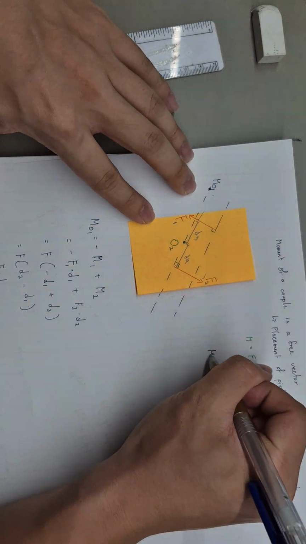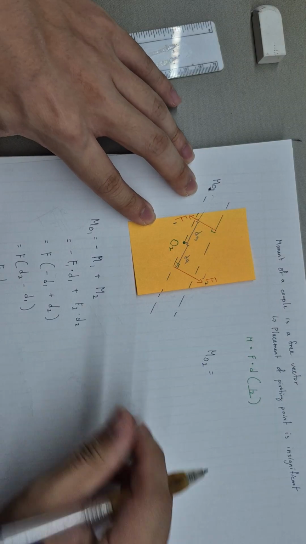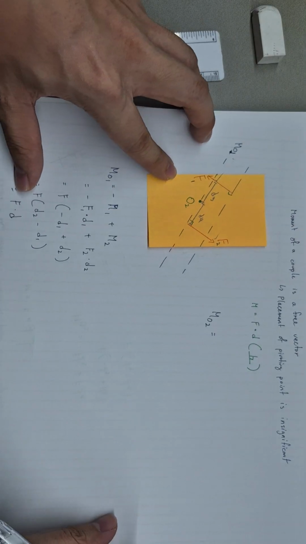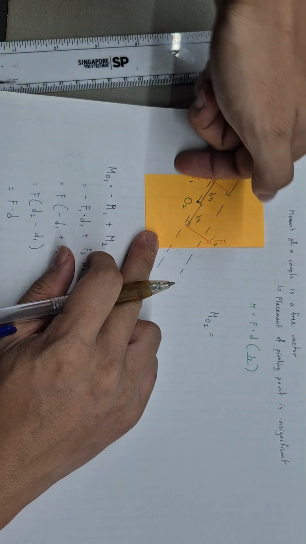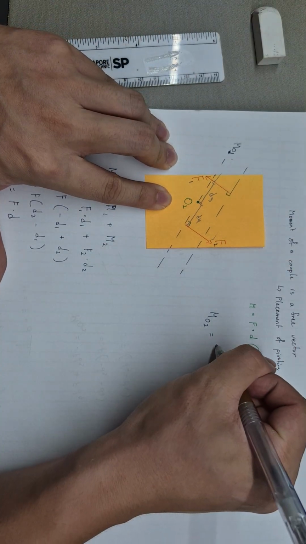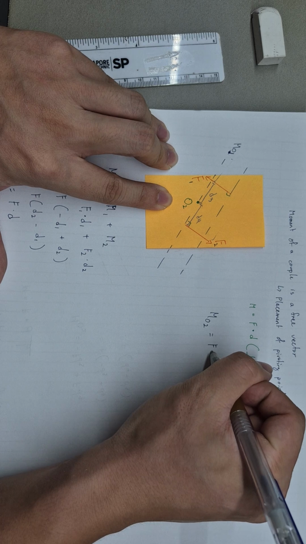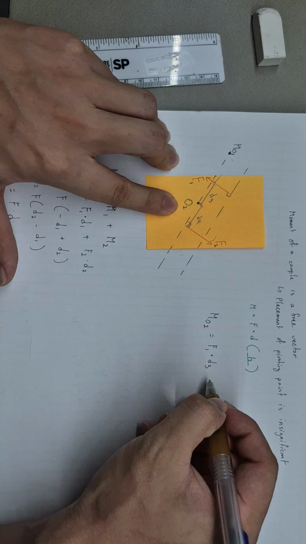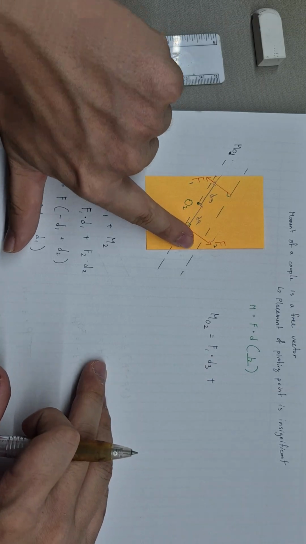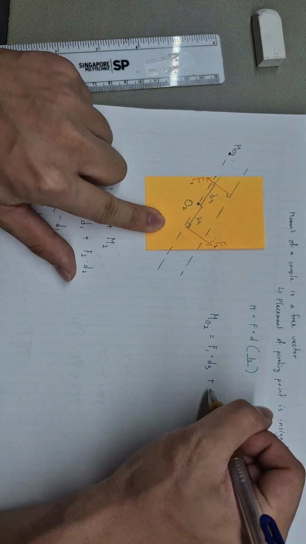So now the moment about O2, okay, is, so F1 is going in an anti-clockwise direction, so it's positive. So it's F1 times D3 plus, this F2 is also going in anti-clockwise, so it's also positive.